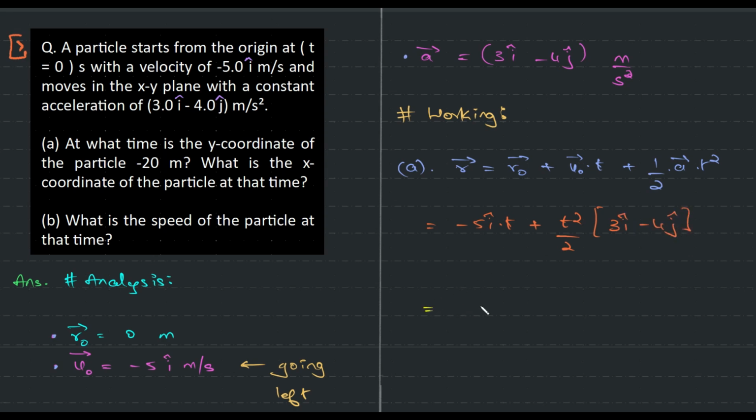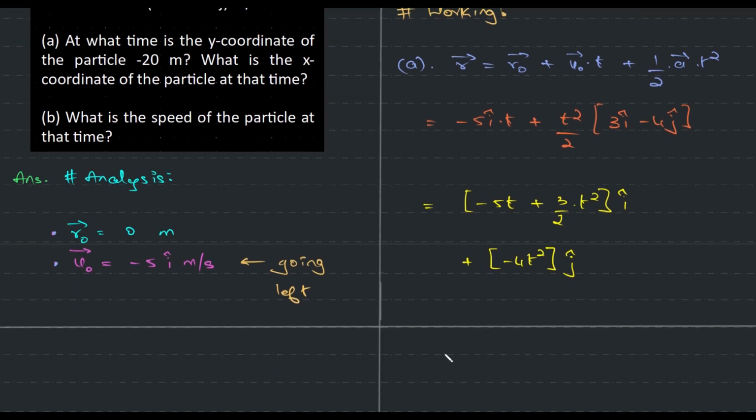Now I'll combine all the i's together. So minus 5 t plus 3 by 2 t square i cap, and then the j's together, minus 4 t square j cap.